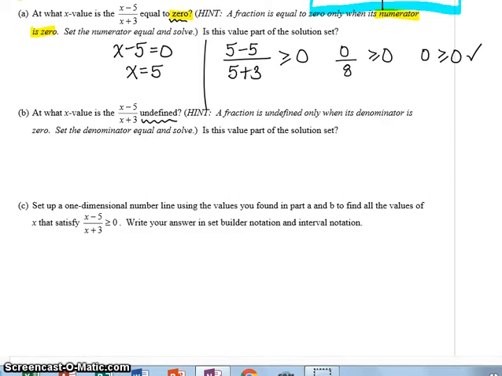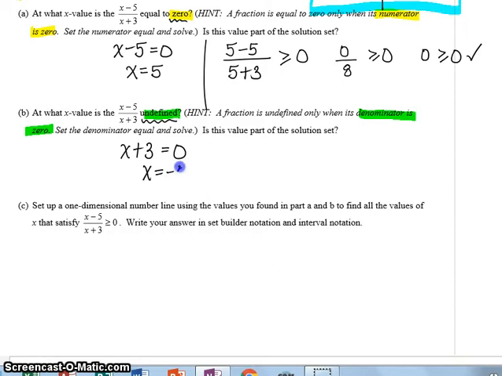Part B. In order for something to be undefined, it's when the denominator is 0. So take the denominator piece of it, set it equal to 0, and it's when x is negative 3. It says, is this a part of your solution set? The answer ends up being no, so this one was yes up top. No, and here's why.